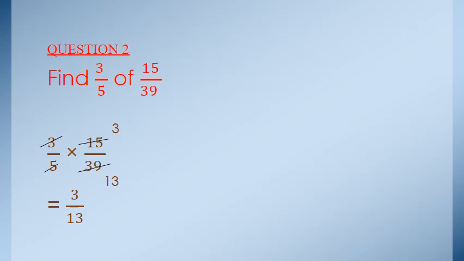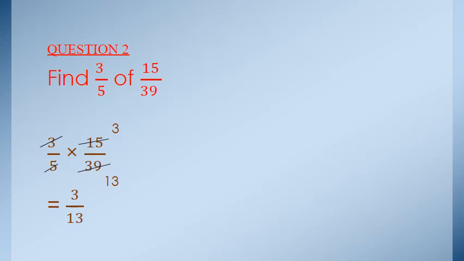Instead of "of" we'll write multiply, and 15 upon 39, that is the second fraction, will be written as it is. Now we'll try to reduce the numerator and denominator. The numerator and denominator of the same fraction can also be reduced, and the numerator and denominator of the different fractions can also be reduced. So we'll try to reduce the expression.